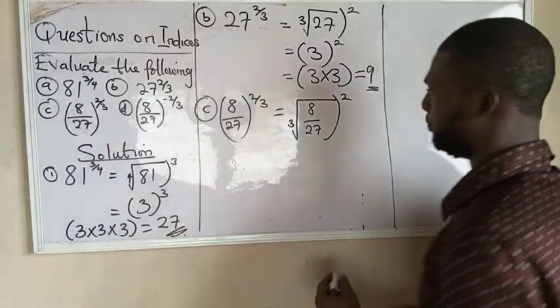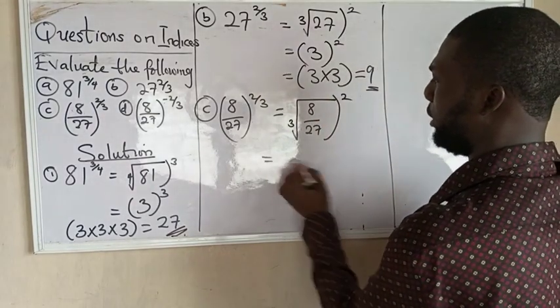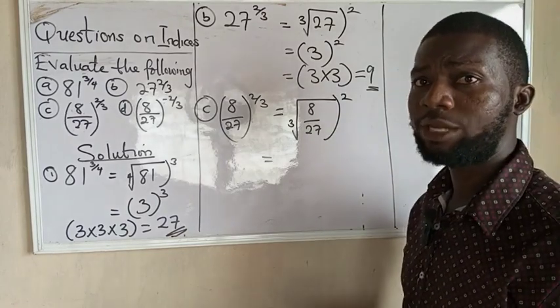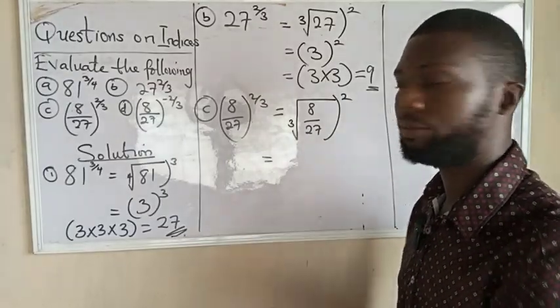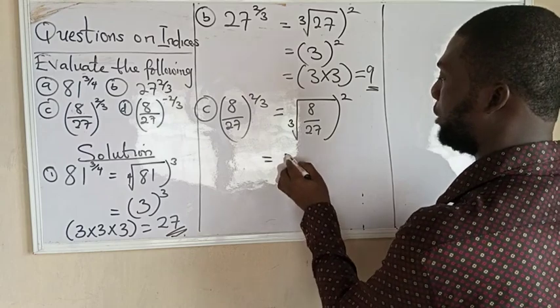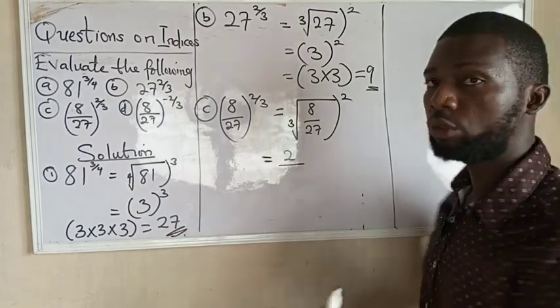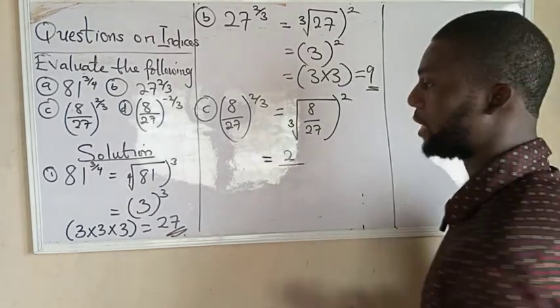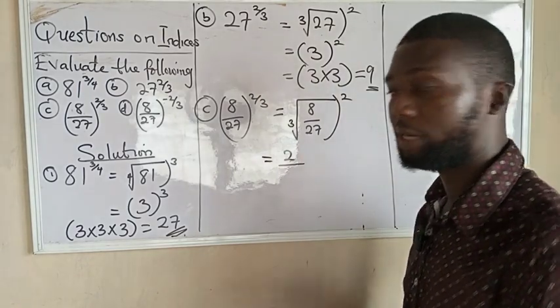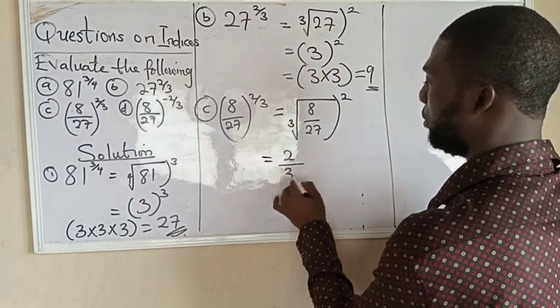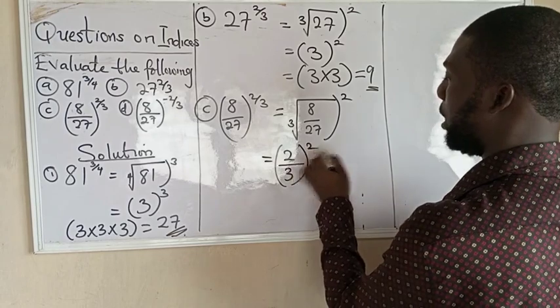Then I know that the cube root of 8 is 2 because I know that when I multiply 2 three times, it gives me 8. So I'll write 2 over the cube root of 27 is 3 because I know that when I multiply 3 three times, it gives me 27. So all in the power 2.